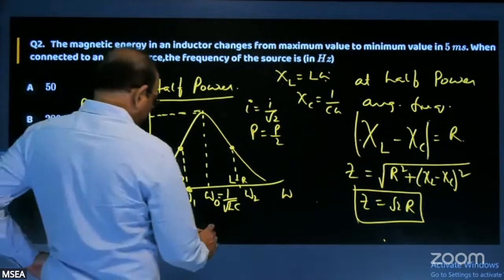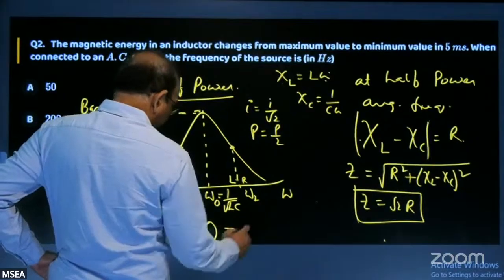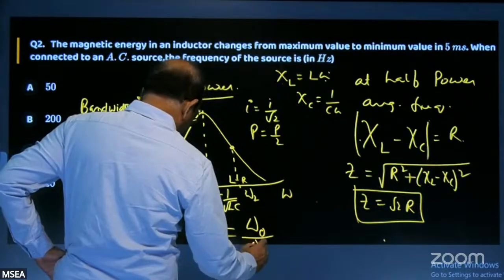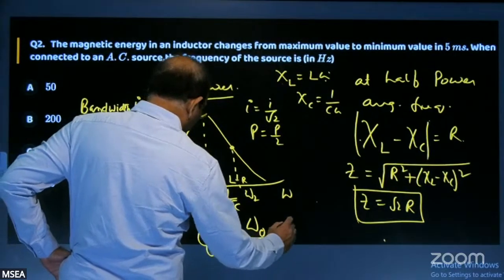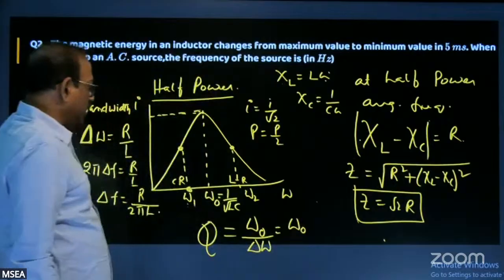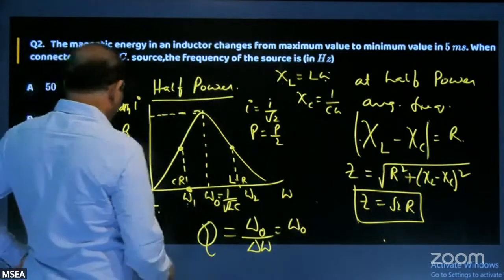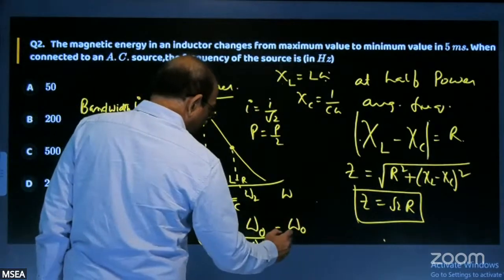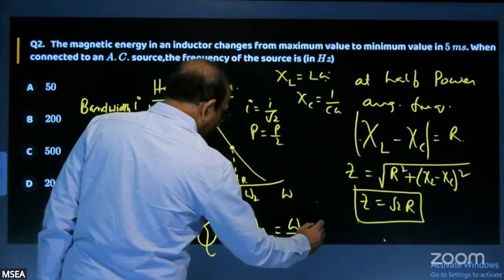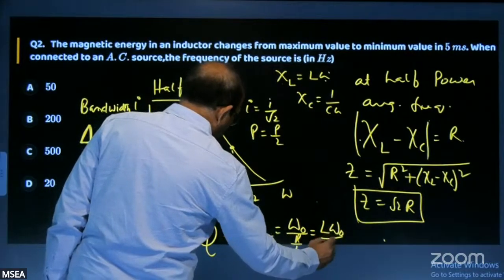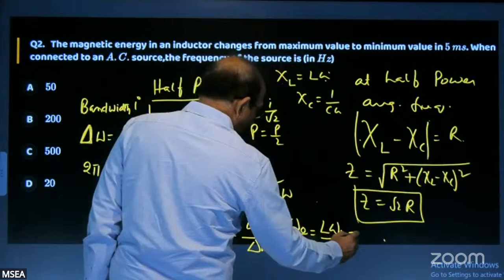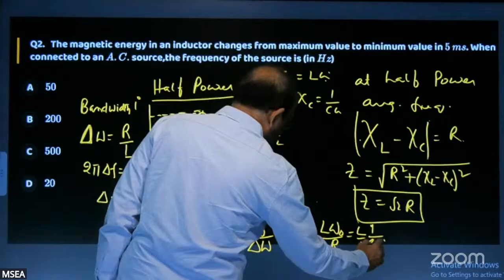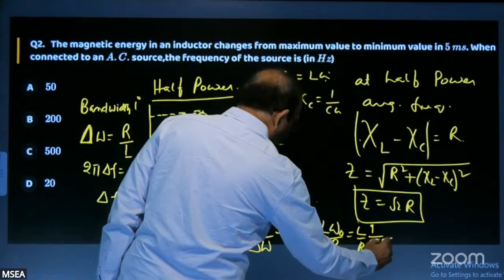And there is one more in this, quality factor. What is quality factor? Resonant angular frequency divided by angular bandwidth: omega naught divided by R by L, which is L omega naught by R. Omega naught is 1 by root LC.